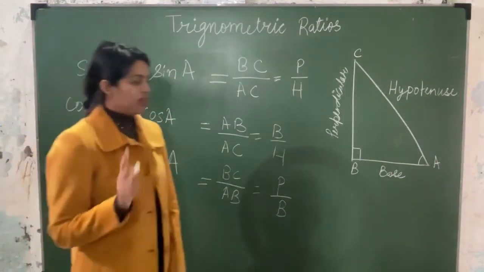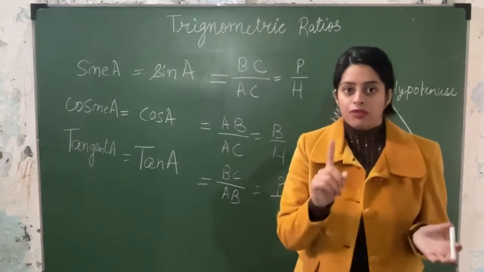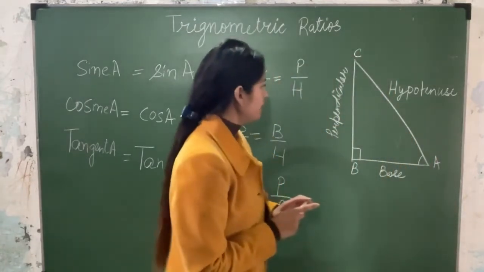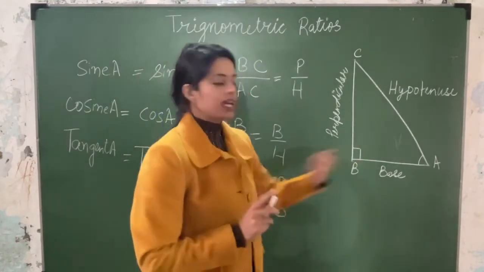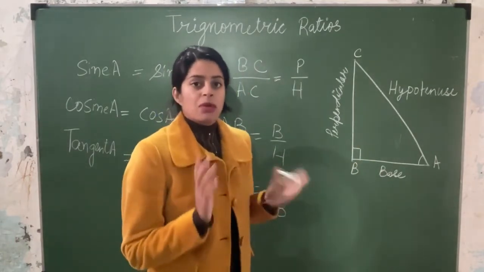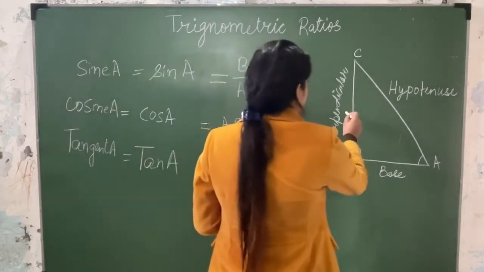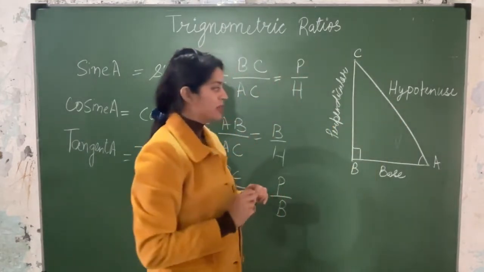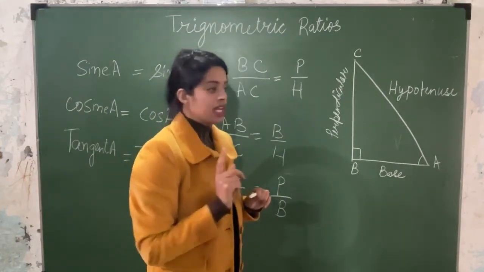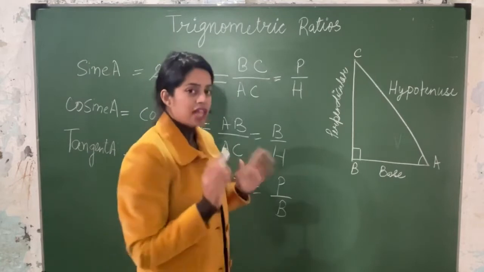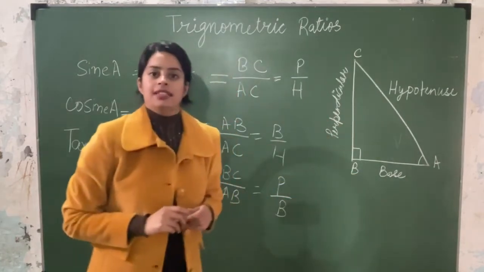Now students, tangent A means perpendicular over base, that means BC divided by AB. Sine A is perpendicular over hypotenuse, that means BC divided by AC. Cosine is base over hypotenuse, that means AB divided by AC.